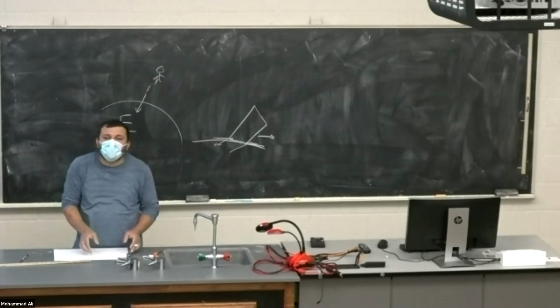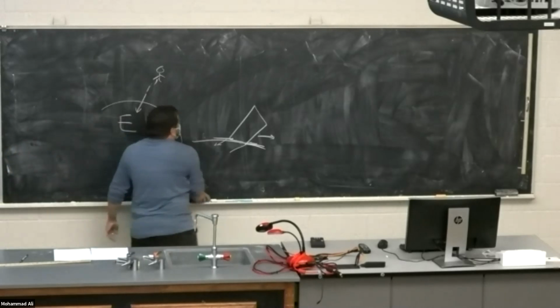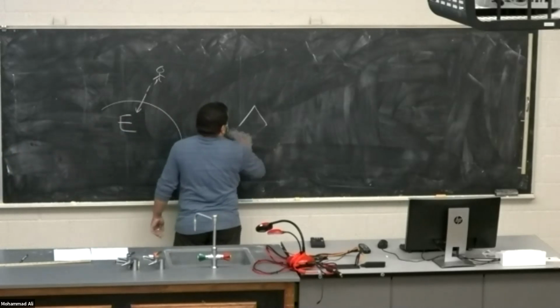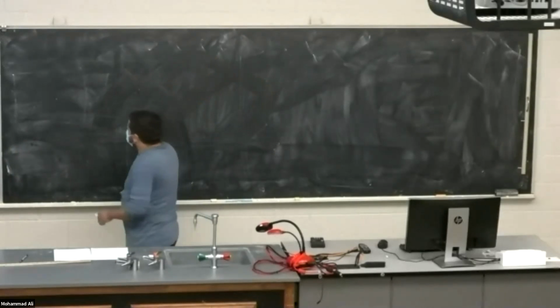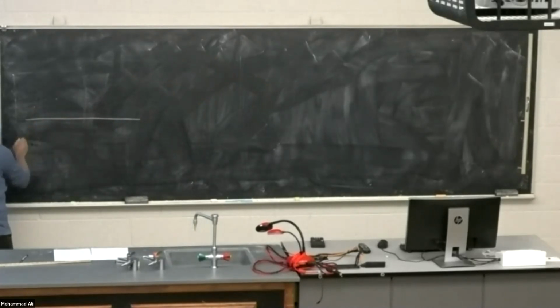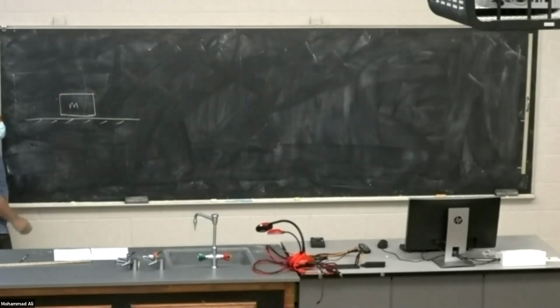We have something called superposition of forces. Superposition of forces, simply, is adding of force vectors. Let us now take some ground. This is a box with mass M, and we have a force on it.